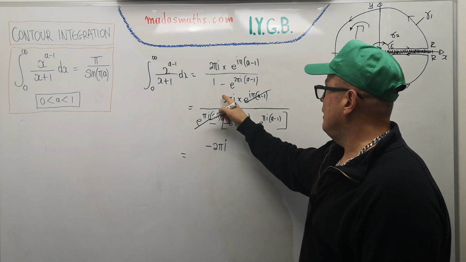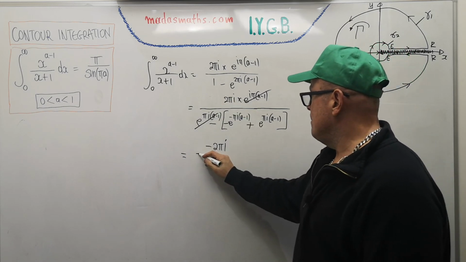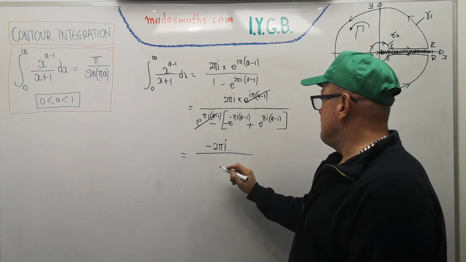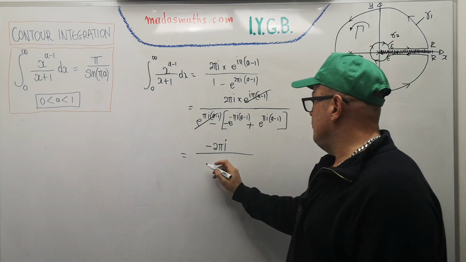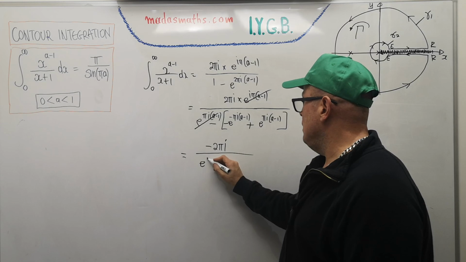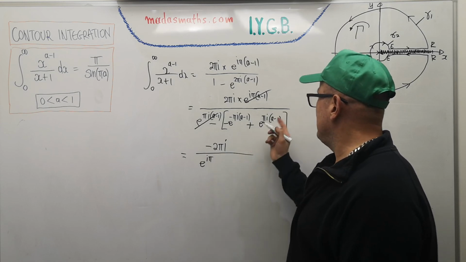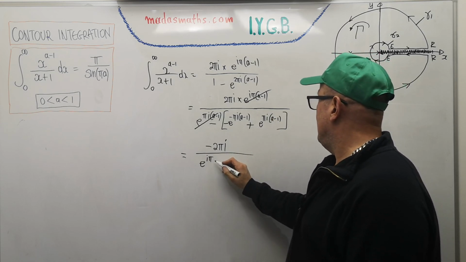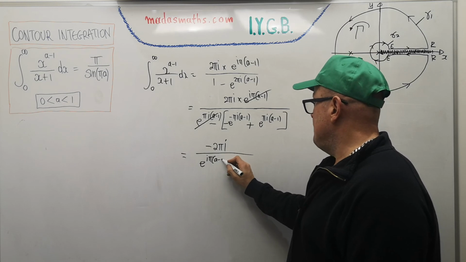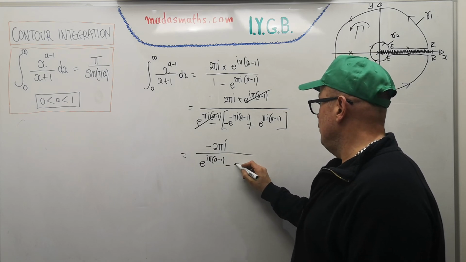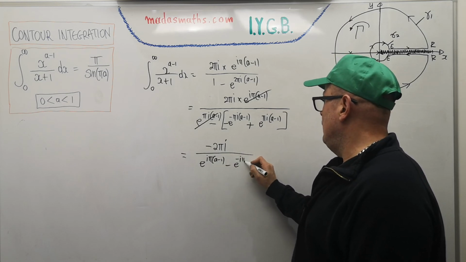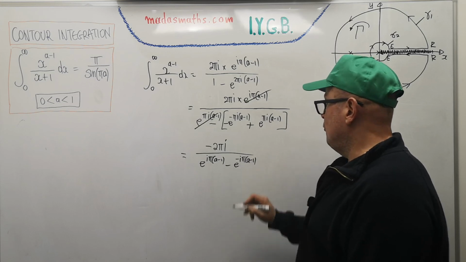Now I'm going to write it back to front with the positive term first: e to the i pi (a minus 1) minus e to the minus i pi (a minus 1).